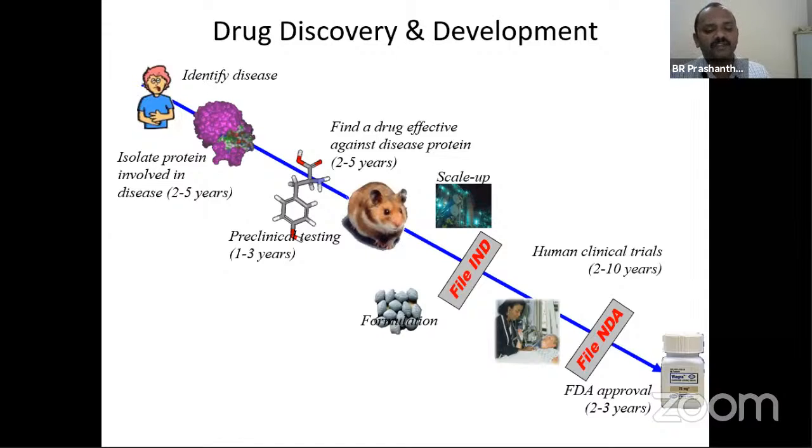Okay, if you want to screen the libraries of compounds or ligands, then you should have a protein, so that you can do the ligand protein binding studies, and with that we can come out with certain ligands which are... then the preclinical testing.